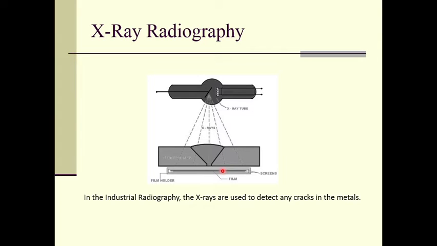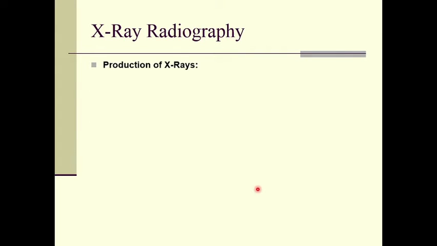In order to detect any cracks or fractures in the metals, we incident X-rays on it, and the transmitted X-rays will be received by the detector. On the detector, a photographic film will be placed and it will create the 2D picture of the received X-rays. So this is industrial radiography.